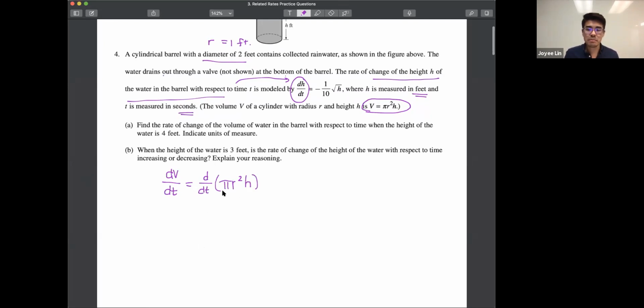How the heck do we take this? Well, pi is a constant, right? We can factor out that constant because constants don't matter. And then here, what do we get? We have to do a product rule. First times derivative of second, plus second times the derivative of the first.